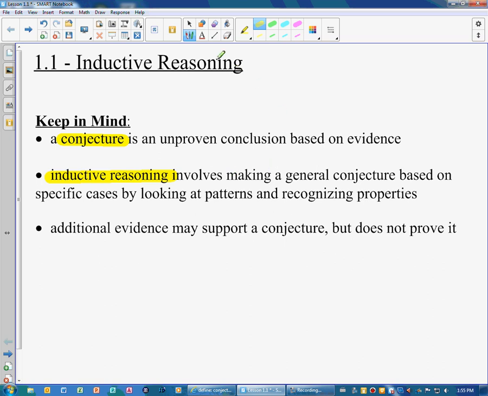When things start to make a pattern, like as a teacher, if I see that little Billy doesn't come every single Monday, I guess because he doesn't want to come in after the weekend, I'm going to start to assume that he's not going to come in on Monday. Might not be the case, but that's what inductive reasoning is. And additional evidence may support a conjecture, but it does not prove it. So a conjecture is a conclusion based on evidence.